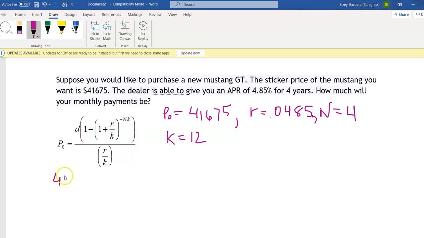Okay, so let's fill in. We'll have our 41,675 on the left.